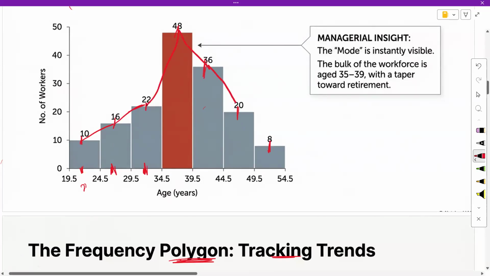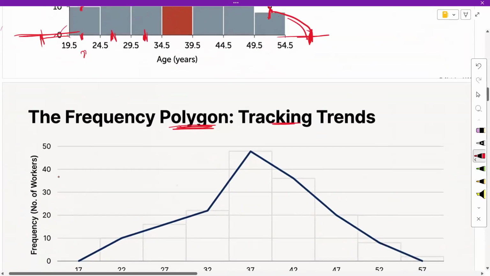The line should connect to the x-axis, so that when we draw this we have to add one more class at the beginning, and one at the last, so that we can connect here. So we add one more class at the end, and one more class at the beginning.